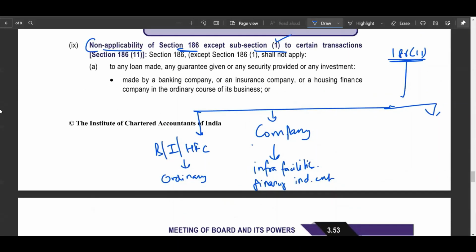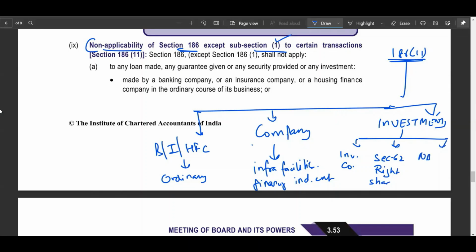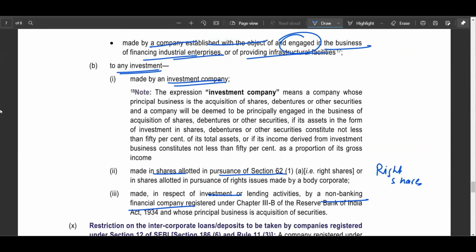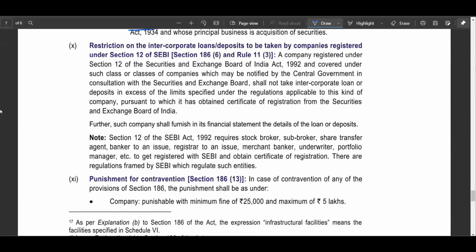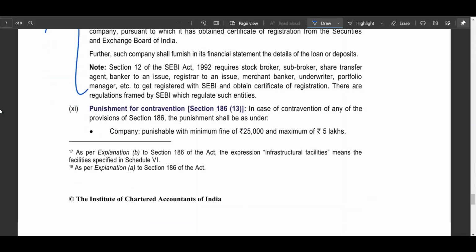So it says that if investments are done by an investment company, second, in pursuance of section number 62, that is right shares, and third by an NBFC, then again 186 subsection 2 to 186 subsection 14 is not applicable for the following companies. All right, now let's head to the other part. This you can ignore, this cannot be asked in your exams.